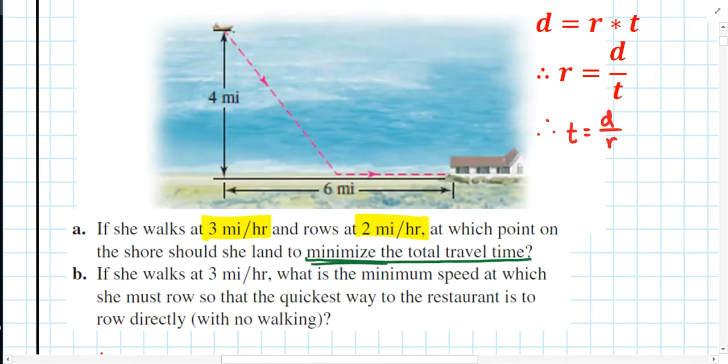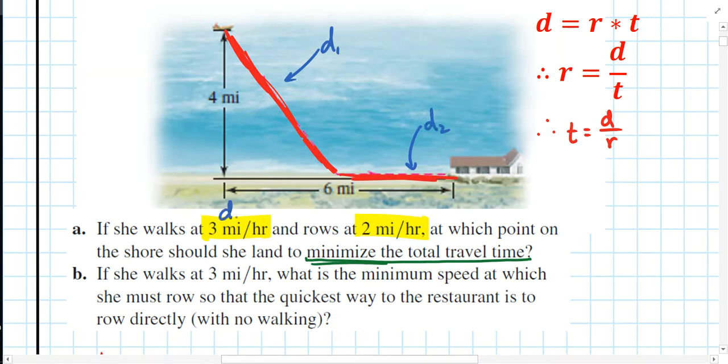Well, if she just stayed in the water the whole time, we can actually address this because she's using one distance and one rate of travel the entire time. But in this particular case, we've got two occurrences that are happening. We've got to minimize the amount of time that she spends in the water in conjunction with the amount of time that's spent on land. So we really have two distances, d1 and d2, and both of those have different rates.